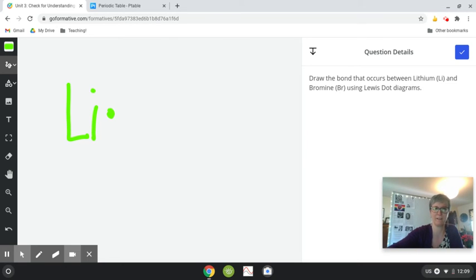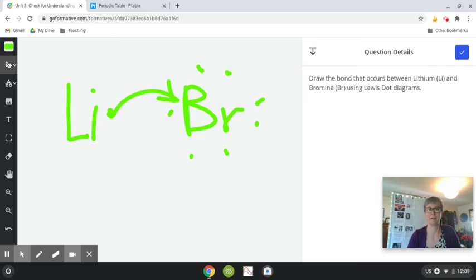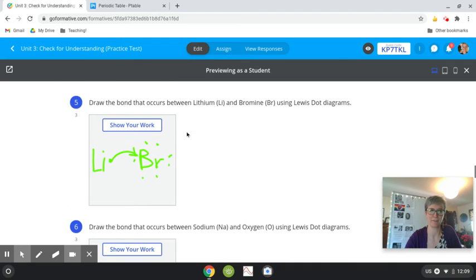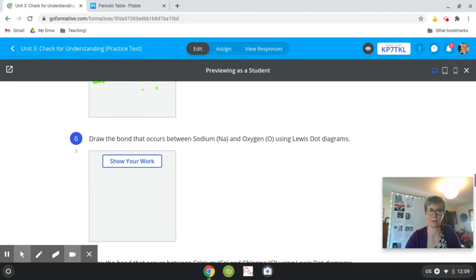It's going to have 1 valence electron. And here we've got bromine with 7. And I'm just going to draw the bond that occurs where lithium gives to the bromine. And there's number 5.